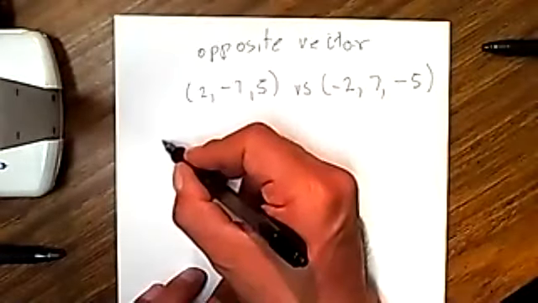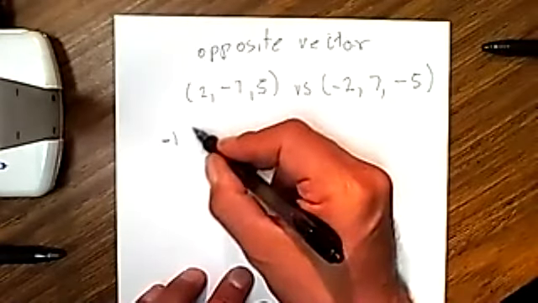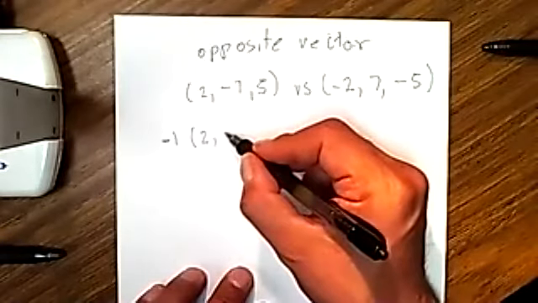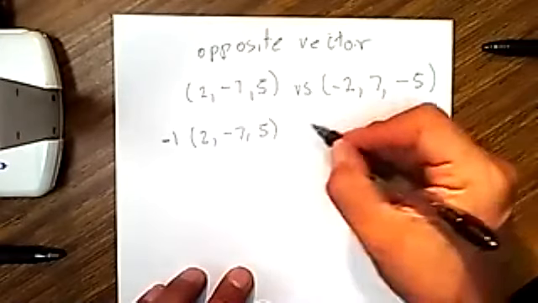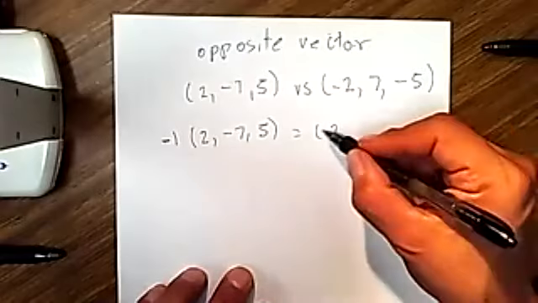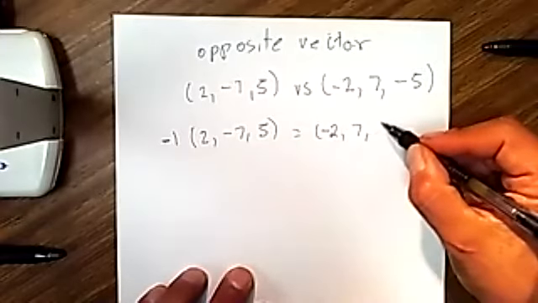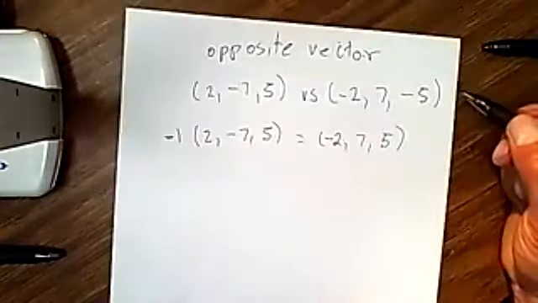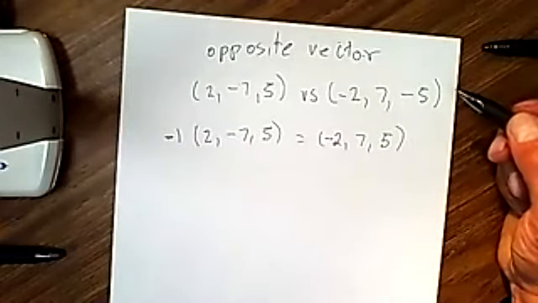So if we do the scalar -1 multiplied with the vector 2, -7, 5, it gives us the opposite, which is -2, +7, and -5. So that is the opposite vector.